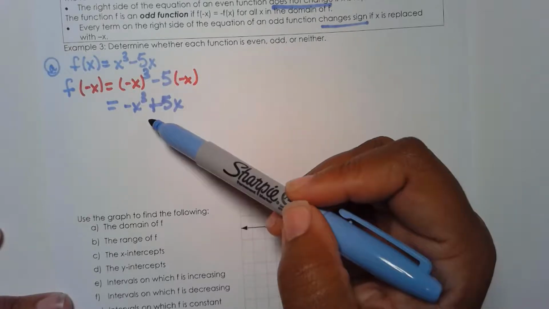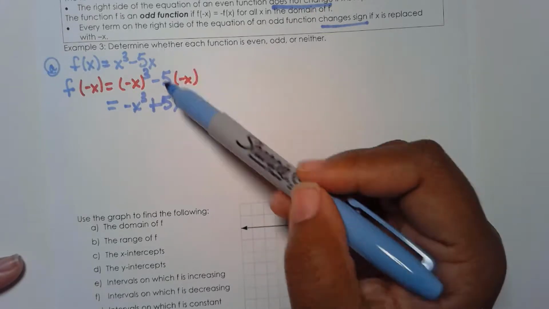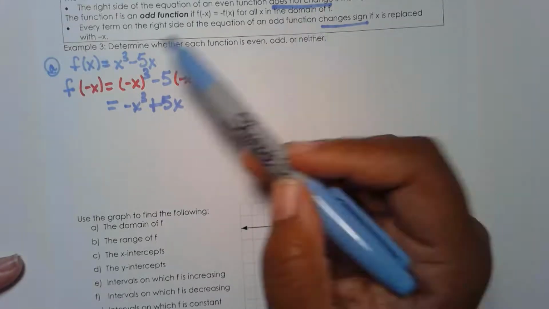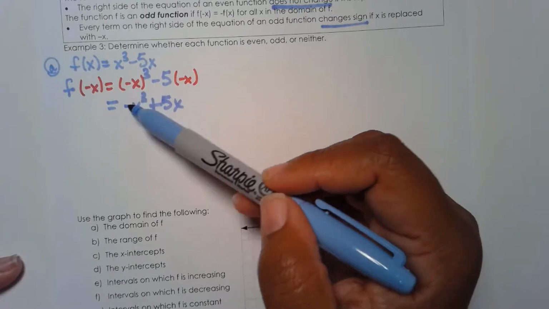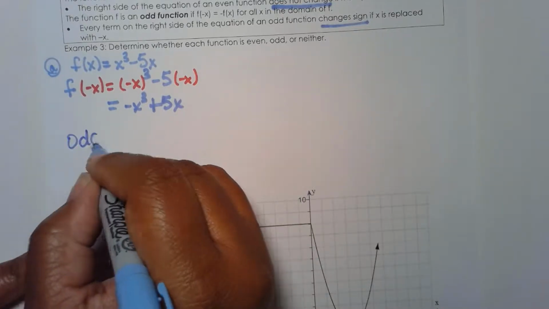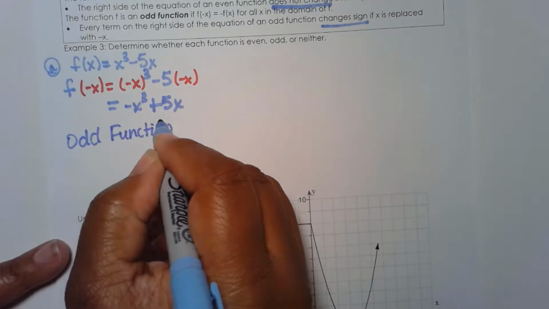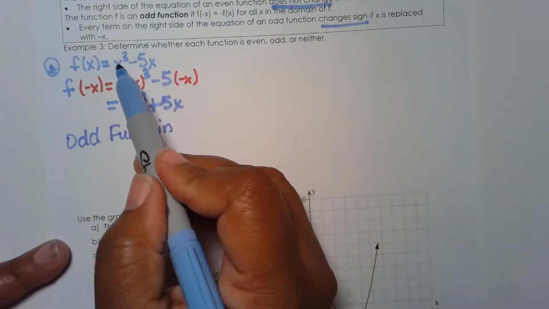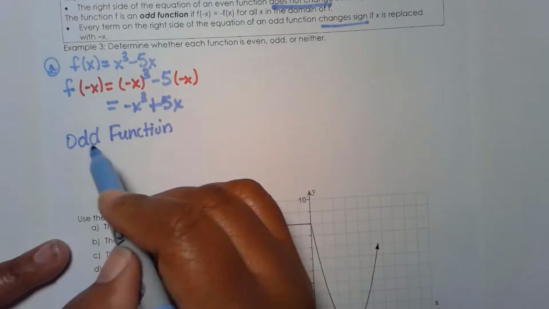So when we replaced x with negative x, the x cubed became negative and then the 5x became positive. So the signs changed. Therefore, we have an odd function. Positive x cubed went to negative x cubed. The negative 5x went to a positive 5x. It's an odd function.